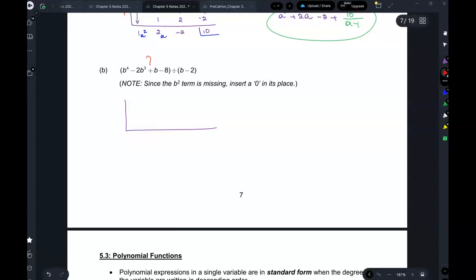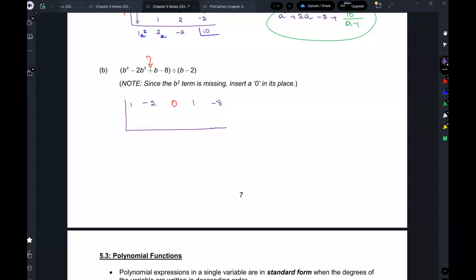So right here, the b squared is missing. So I'm going to have 1, negative 2, 0, 1, minus 8. Okay, don't undermine the importance of that 0. It makes a big difference. That's the difference between a right answer and a wrong answer.